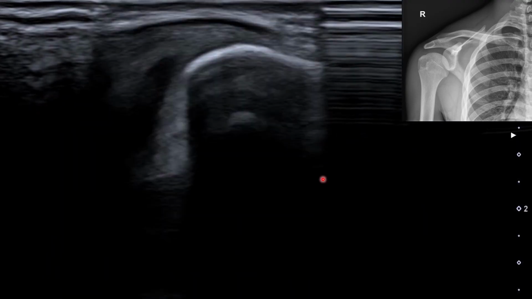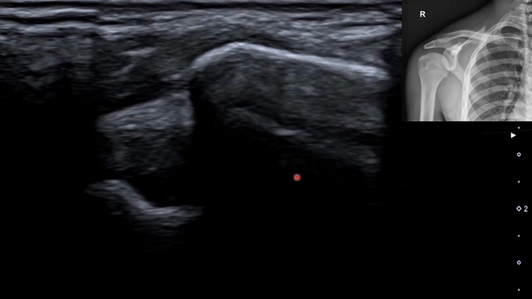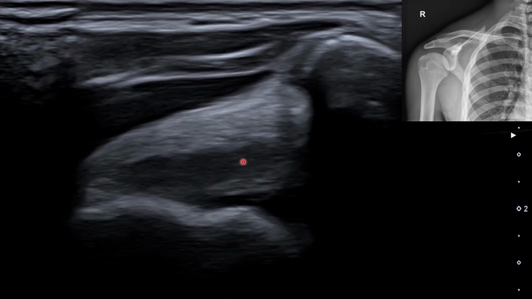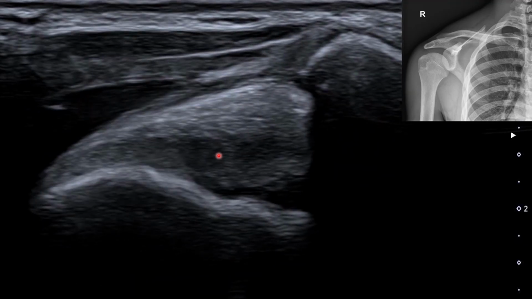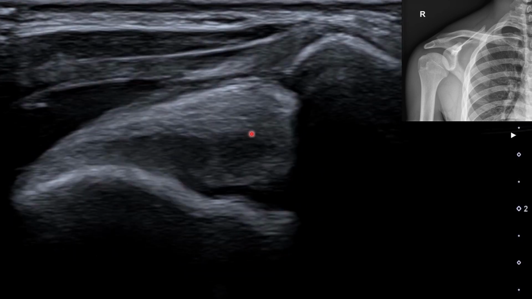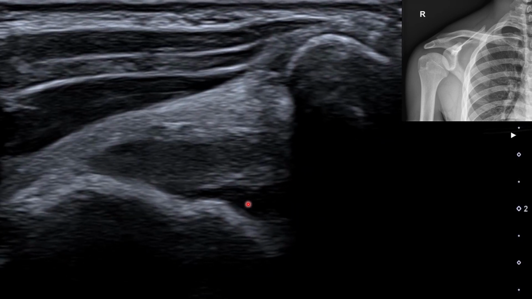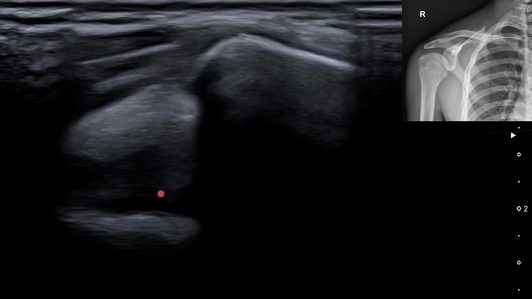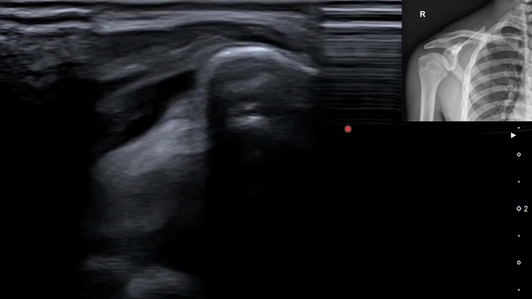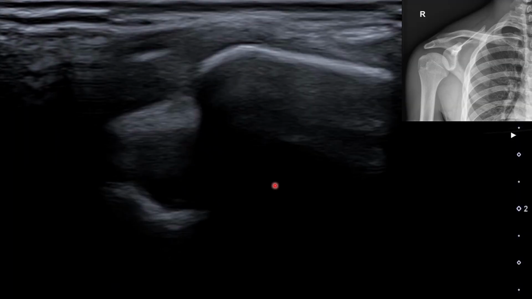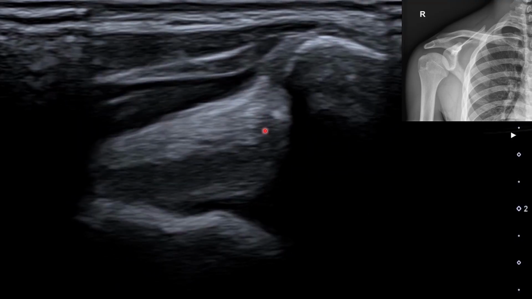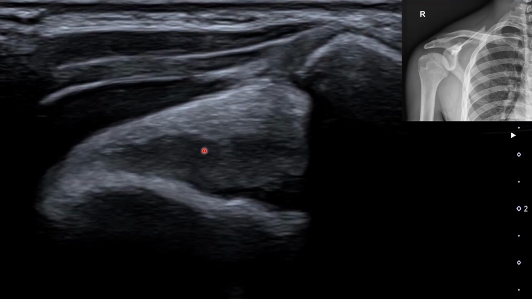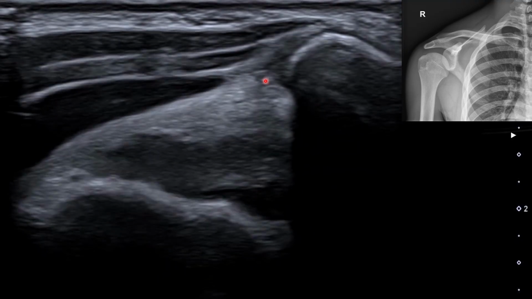This is our infraspinatus tendon there. The AC space is fine. Okay. I hope you can appreciate what is going on there. So the only challenge there is inflammation in the tendon sheath.